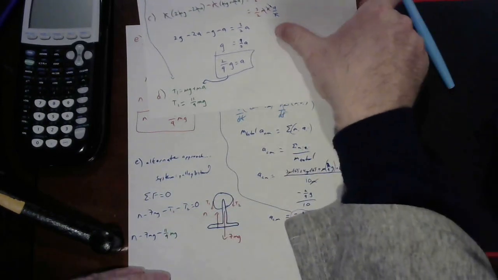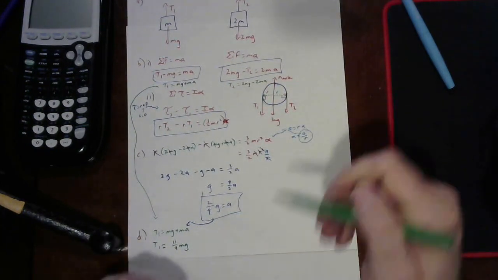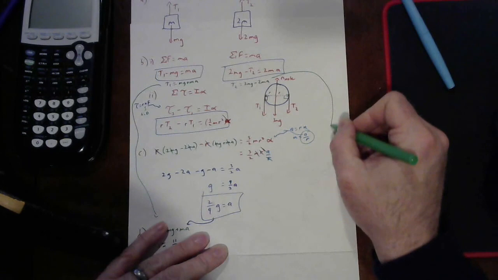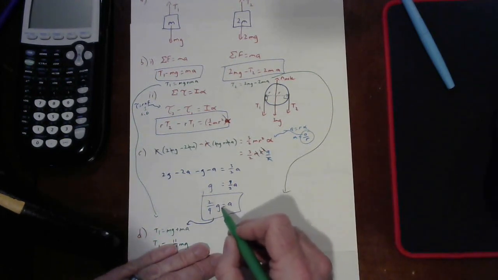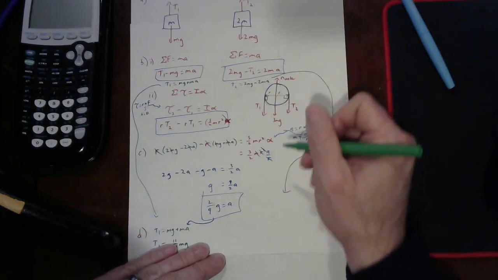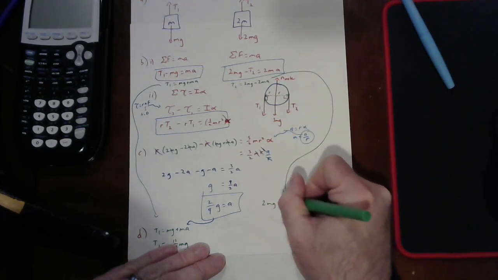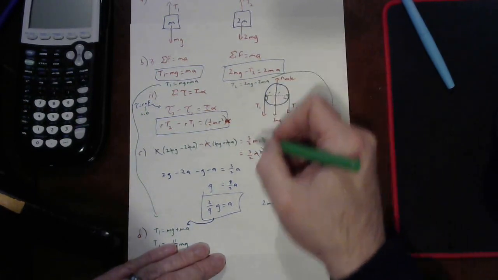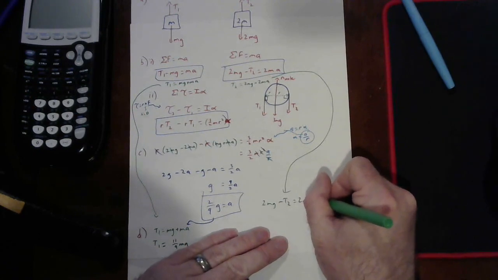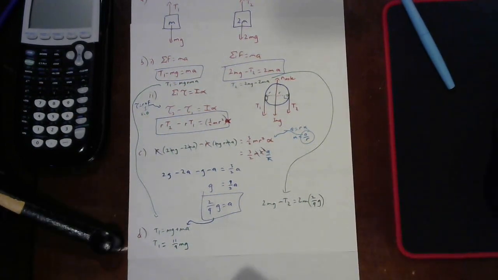I'm going to do it on this paper, because that's right there. I'm going to use the acceleration for the system that we got before and put that in for a. I'll have 2mg minus T2 equals 2m times, and our acceleration is 2/9 g. It's the acceleration of that block.